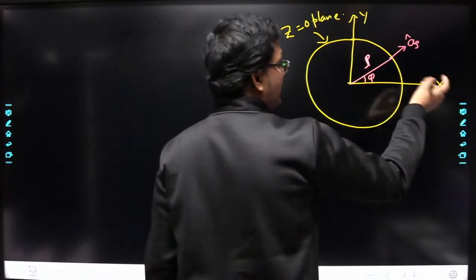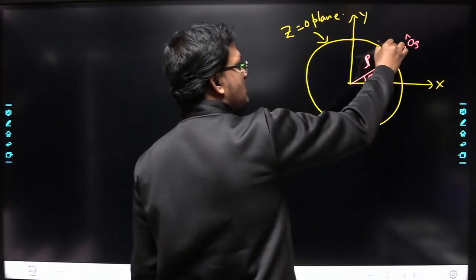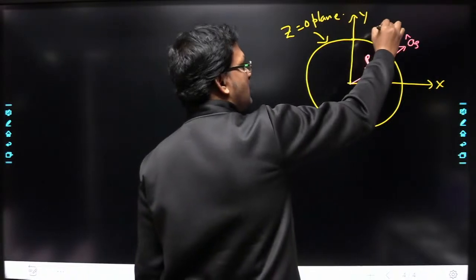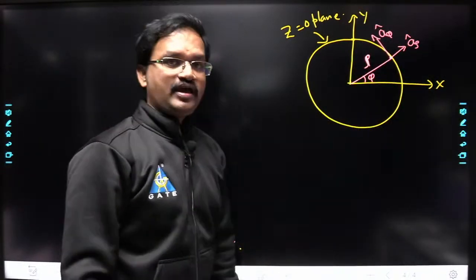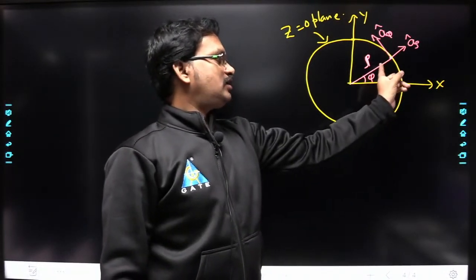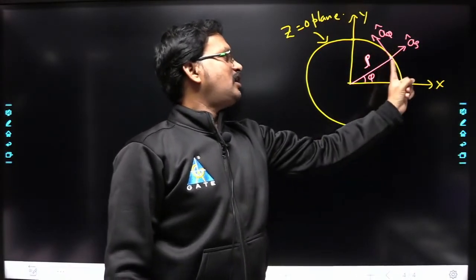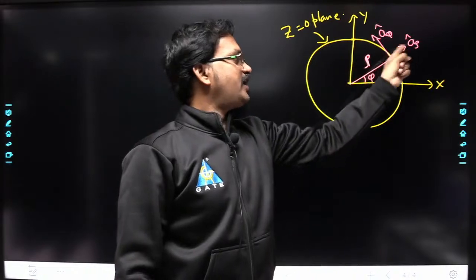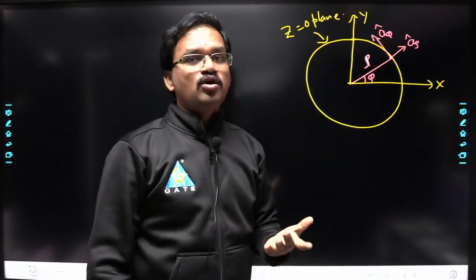What is the a phi cap direction here? It is given by the tangent drawn to this arc in the anti-clockwise direction. This is a phi cap. We know that on a circle, the radial direction and the tangential direction are always perpendicular to one another.